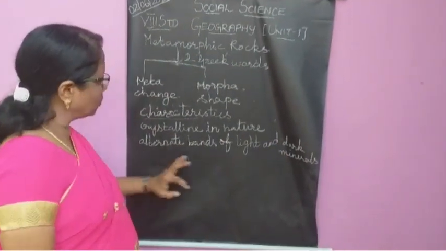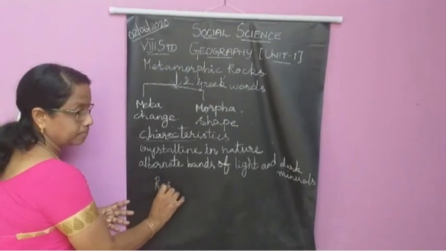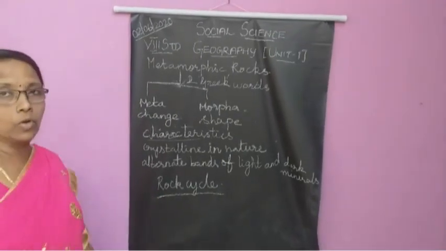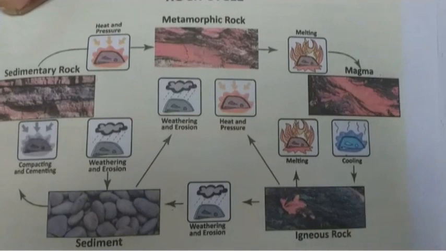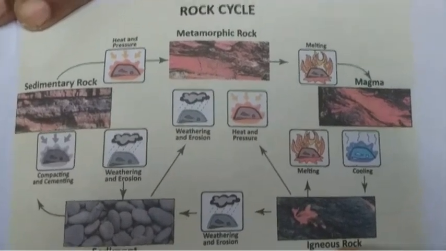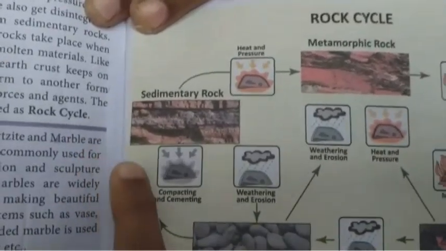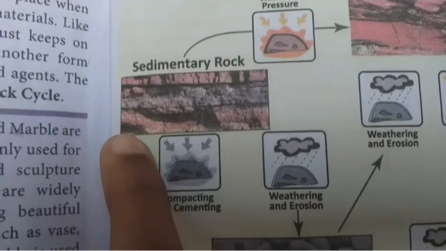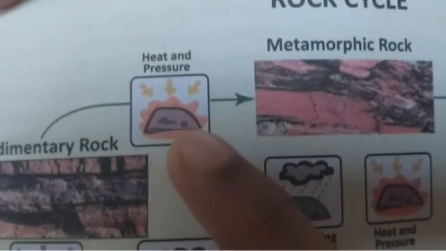Next, we are going to see about the rock cycle. Igneous rocks are the primary rocks formed first on the earth. These rocks are weathered, eroded, transported and deposited at some places to form sedimentary rocks. The igneous and sedimentary rocks are changed into metamorphic rocks under the influence of temperature and pressure.